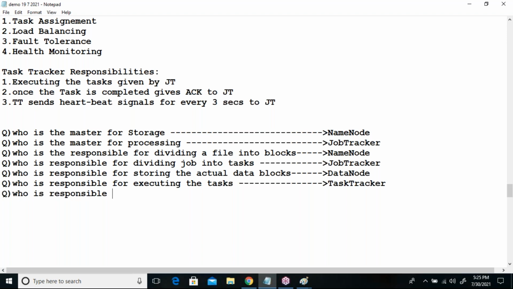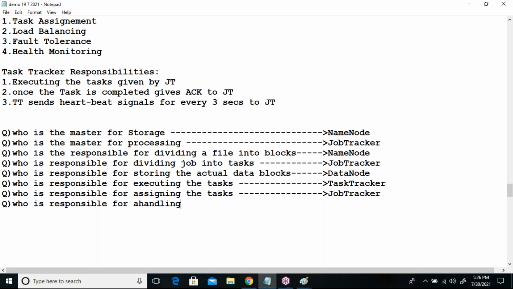Who is responsible for assigning tasks? Job tracker. Who is responsible for handling fault tolerance? Job tracker, right?